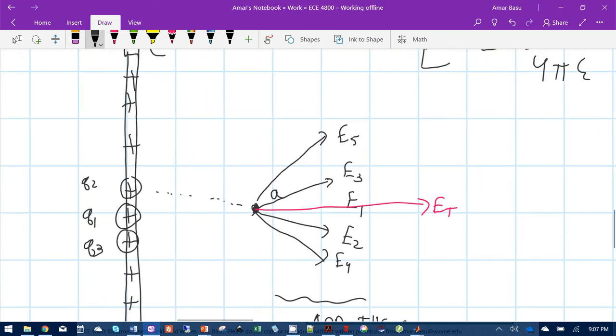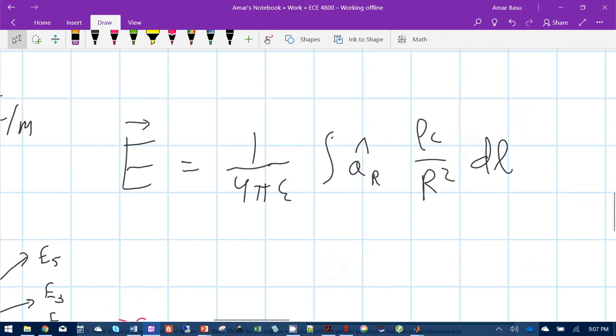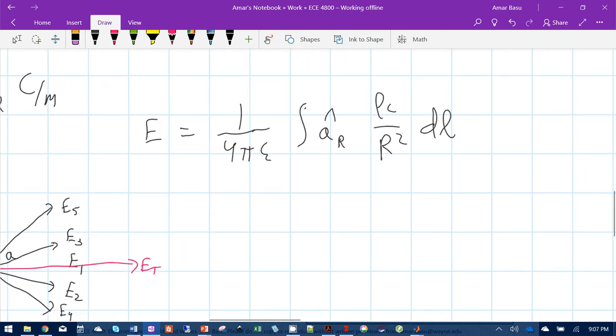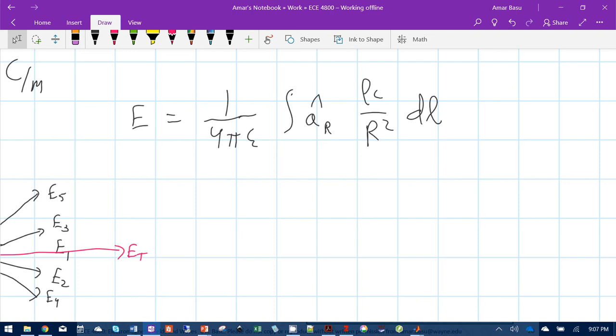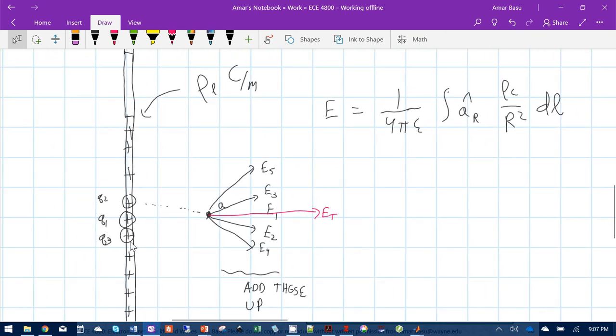So this will become important when we do this integral. All right, so the electric field is equal to 1 over 4 pi epsilon integral of aR times rho L over R squared times dL. Okay, backing up again, what are we doing here? We are adding up, integrating the electric field contributions, and we're integrating this with respect to L. So we're going along the z-axis here.